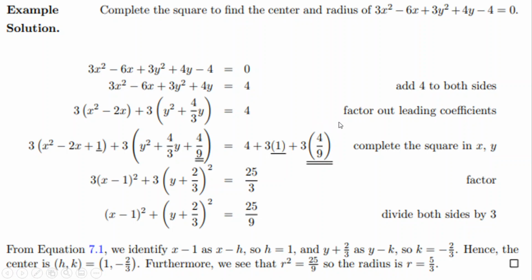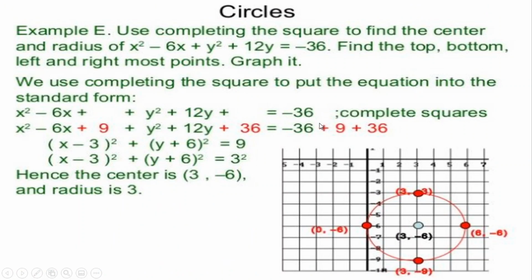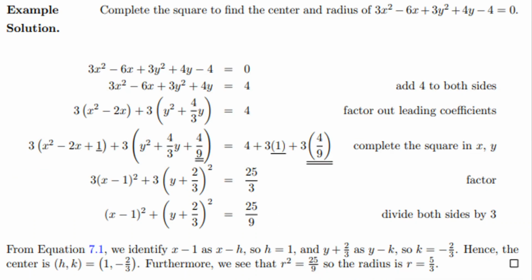Okay, next. Remember in the previous example, our x and y were x squared and y squared, with a coefficient of just 1. So it was easy. But here, x squared and y squared have an equivalent coefficient, which is 3. So in case that happens, what do we do? This is what we will do. First, we will factor it.